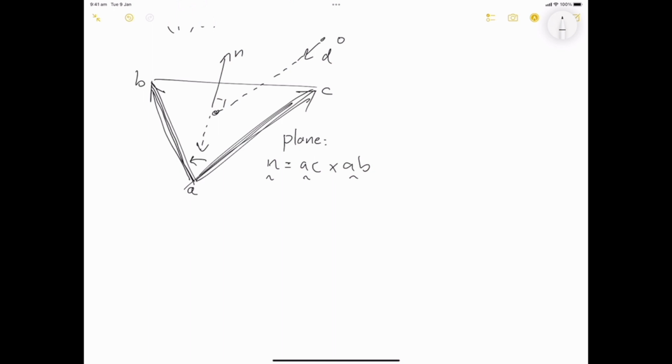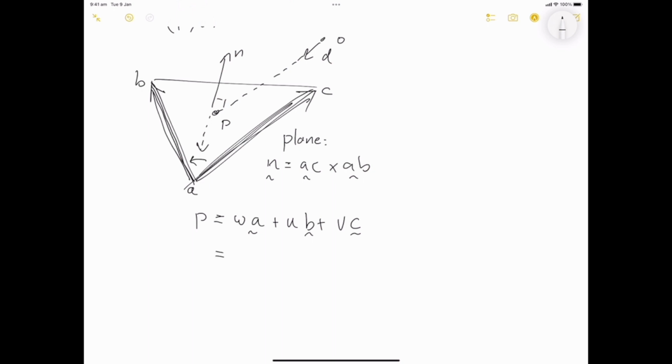Now, because we're on the plane, here's the important bit. The point of intersection, P, is equal to W times the point A, plus U times the point B, plus V times the point C. I'll just put little tildes here to indicate that these are vec3s.